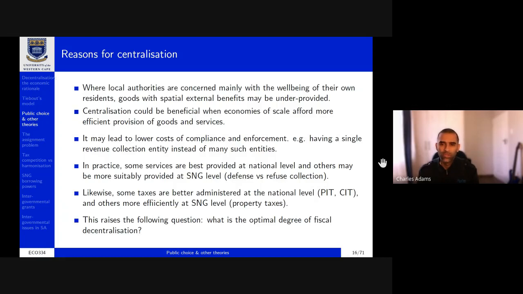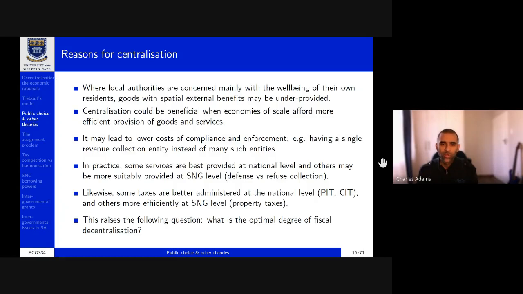Because some of the benefit is extending to citizens from other jurisdictions who are not paying for it. In such cases, it's useful to have a central authority that implements that particular activity.